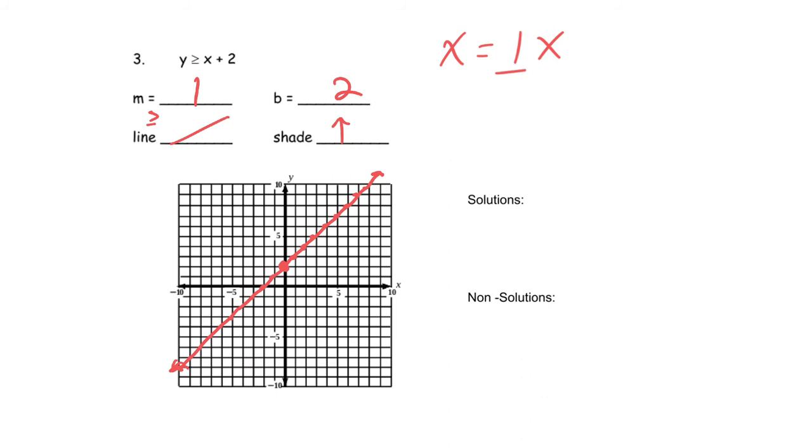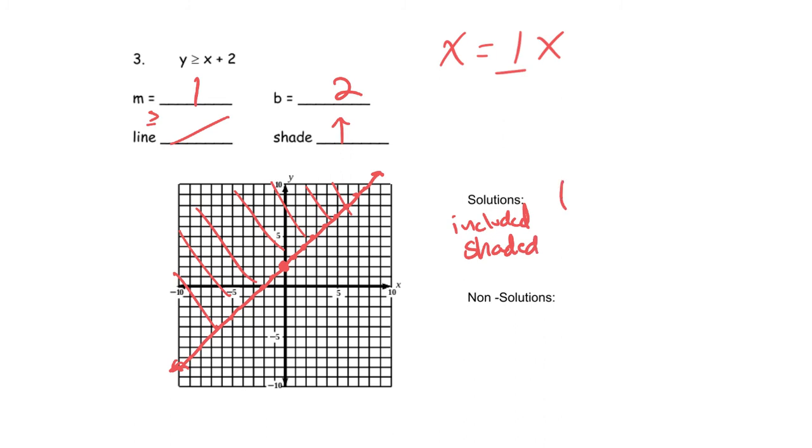Okay, greater than, so I have all my points there, shaded up. And now here, I'm not asking a specific point, but I want you to go through and we're going to look at it, and we're going to find two points that are solutions and two that aren't to get the hang of this. Remember, solutions are included or they're shaded. So any points, and you have a variety.